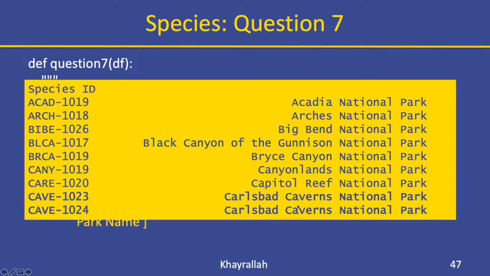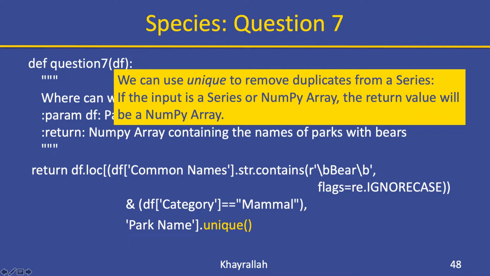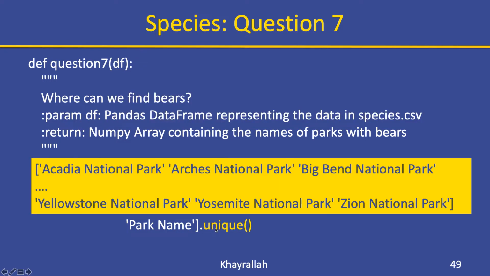That is annoying. So let's see how we get rid of duplicates in the result. We can do that by calling unique on the result, right? We have seen unique before. We can call it on this series and we'll get a NumPy array. So this is our result now, a NumPy array of all the parks that contain bears.